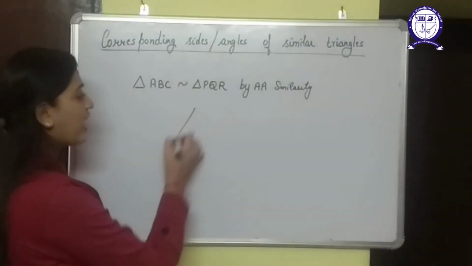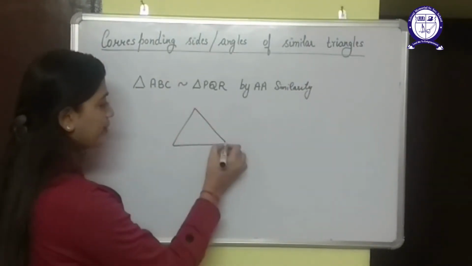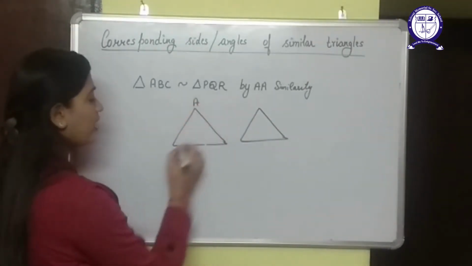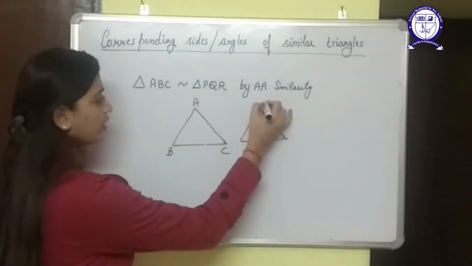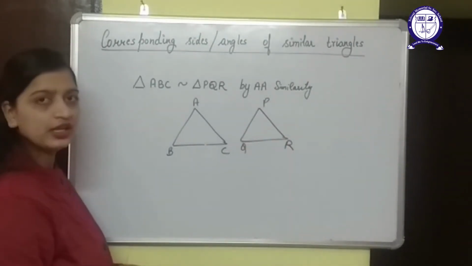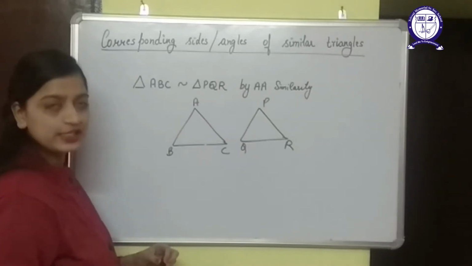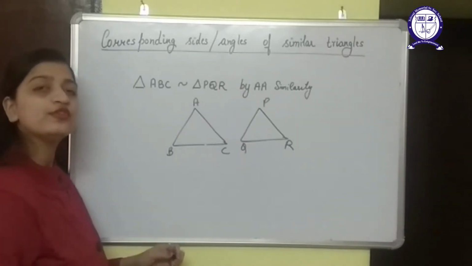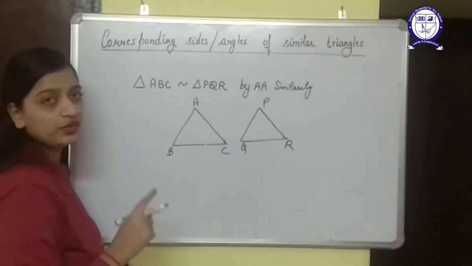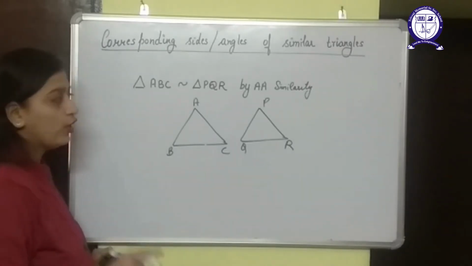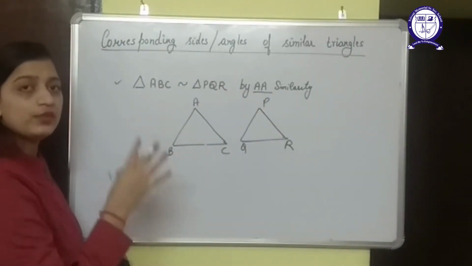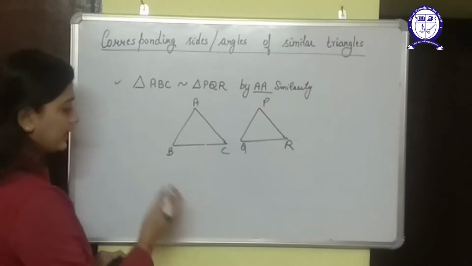Suppose we have any two triangles ABC and PQR, and in this question I have proved that these two triangles are similar by angle similarity. Then after proving that it is similar, we can say that the proportion of the sides is also equal. Because we have already used the angles, we will be using the property of sides.